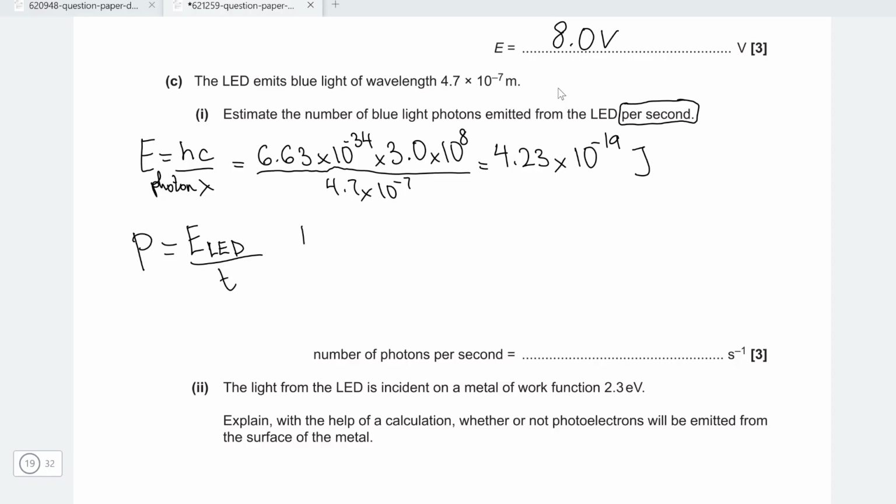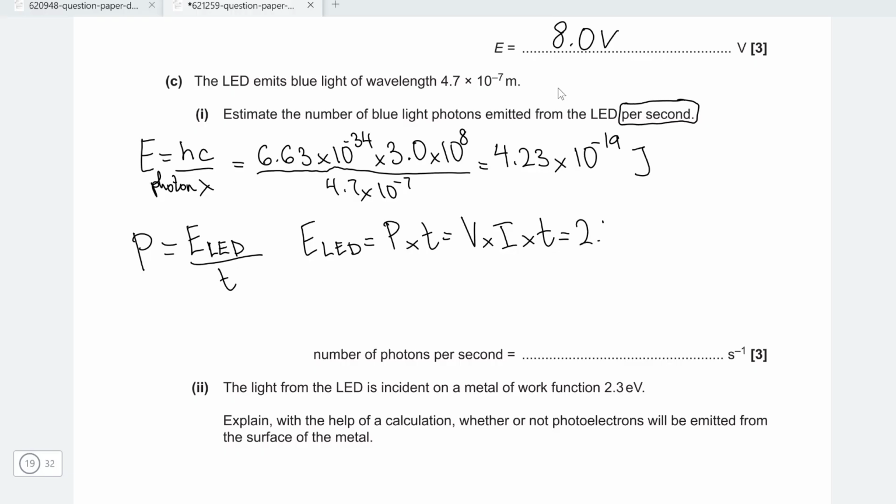So the energy for the LED will be equal to the power times the time. So VI is the power, times t. Now, because the time is just 1 second, we can almost ignore that part of the equation.